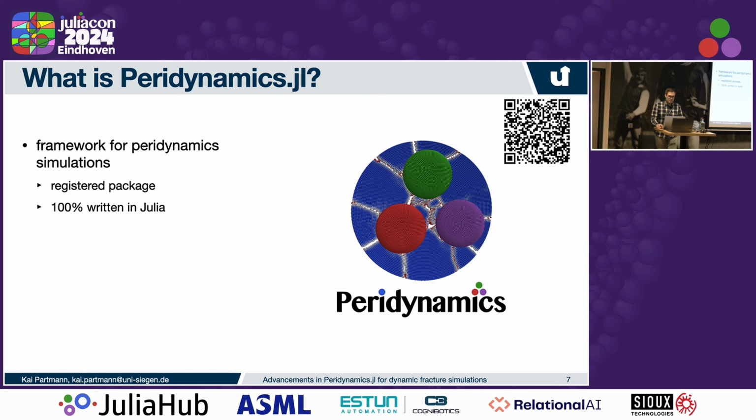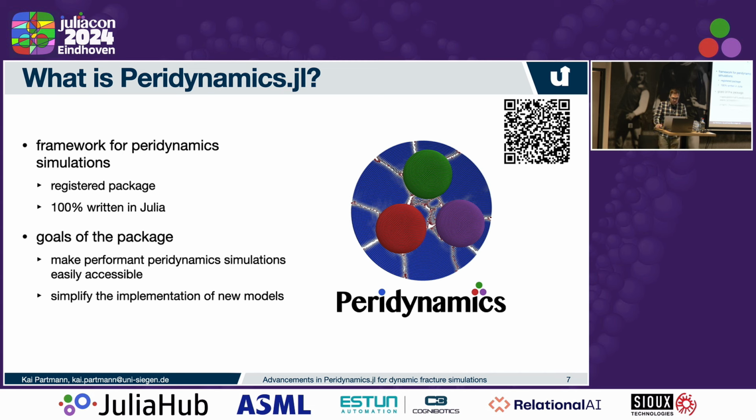So what is Peridynamics.jl? It's a registered Julia package. You can see the GitHub page with this QR code, and it's purely written in Julia. The goals of this package are mainly to make Peridynamic simulations accessible for a broader user base.